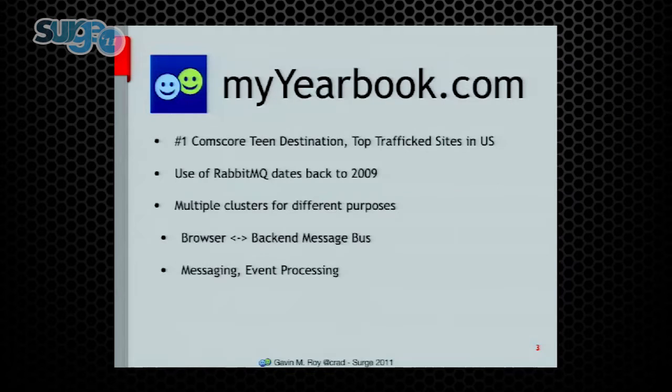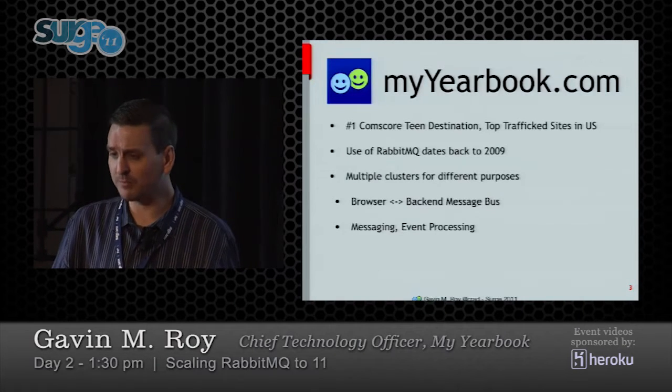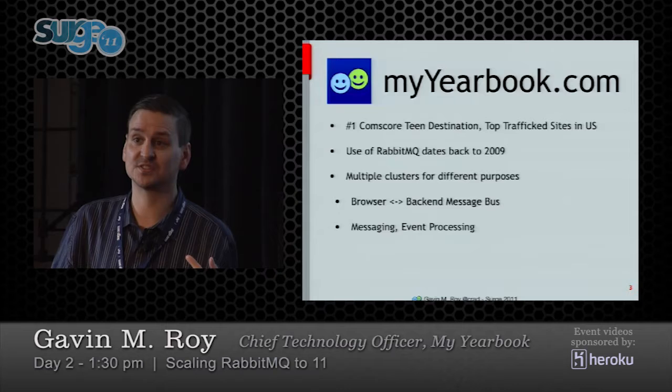So first, a little bit about myYearbook.com. We are the #1 ComScore teen destination on the internet, one of the top most trafficked sites in the United States. And we've been using RabbitMQ since 2009.